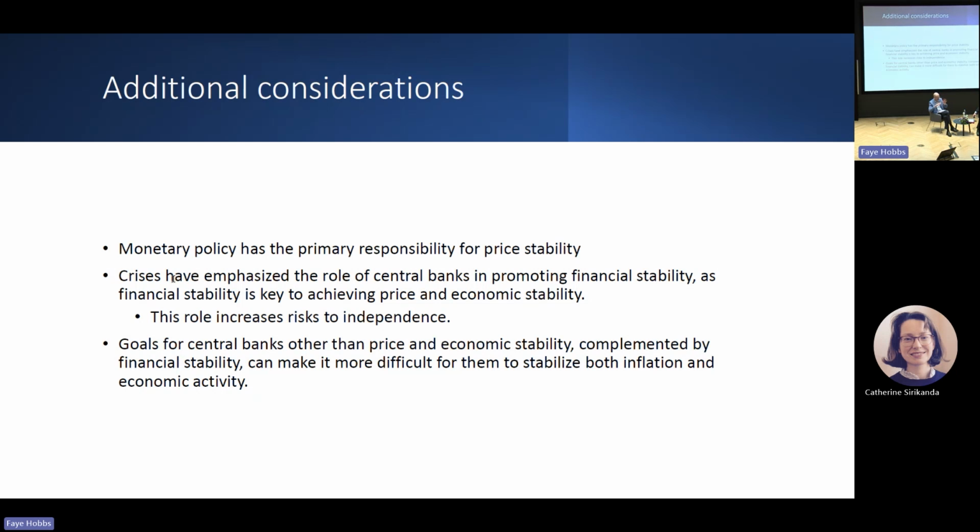One is that, historically, central banks have had a role in many economies, not all, in supervising the banking system. And the banking system is often at the core of financial stability issues. Hence the central bank may be well placed to consider financial stability and the promotion of economic stability.